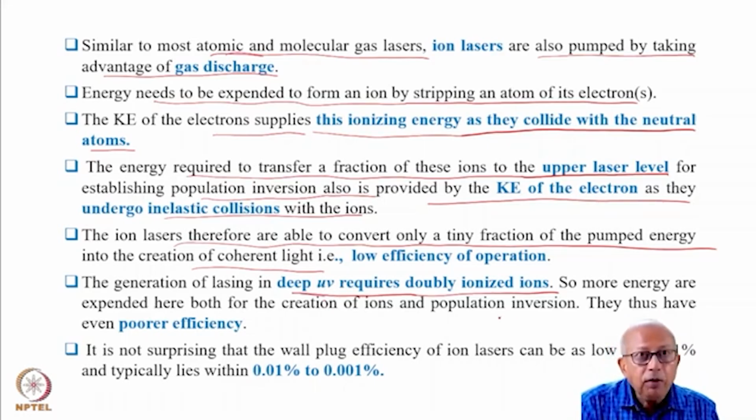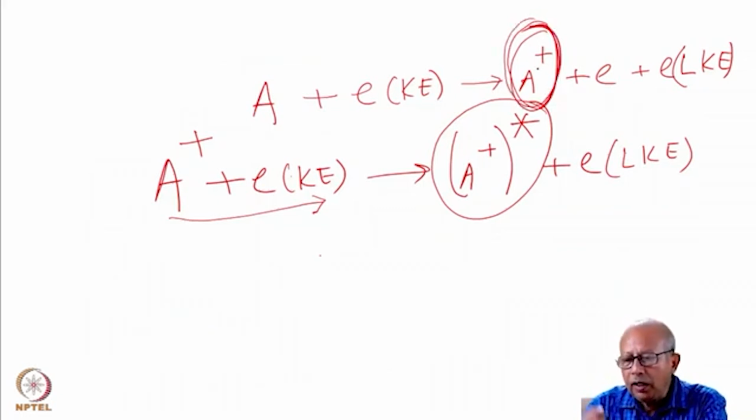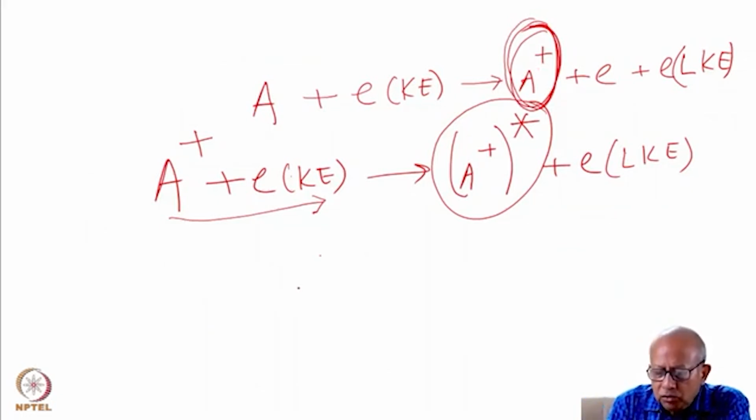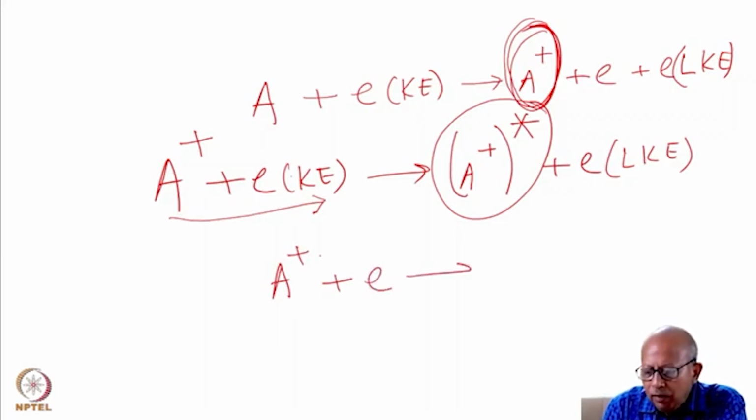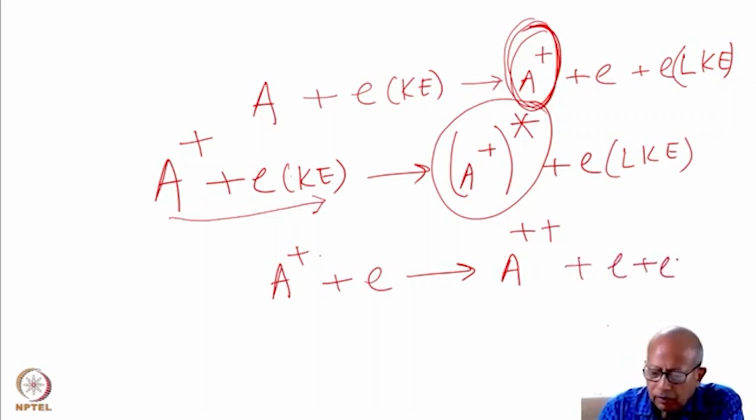will have even poorer efficiency, because you see, you need to exert more energy, because you have created first a singly ionized ion, and then you will have to strip another electron from this ion. So it will again collide with an electron, and this electron will strip another electron from it. So this is now doubly ionized.